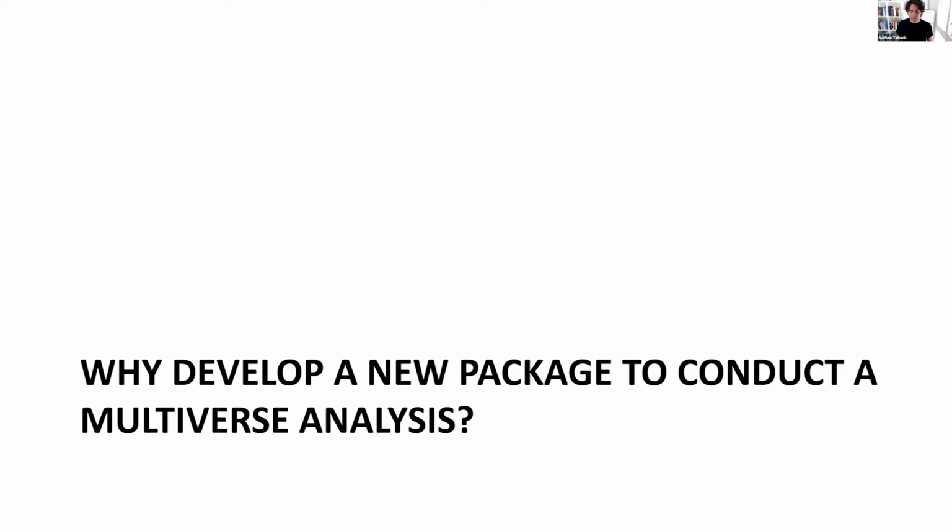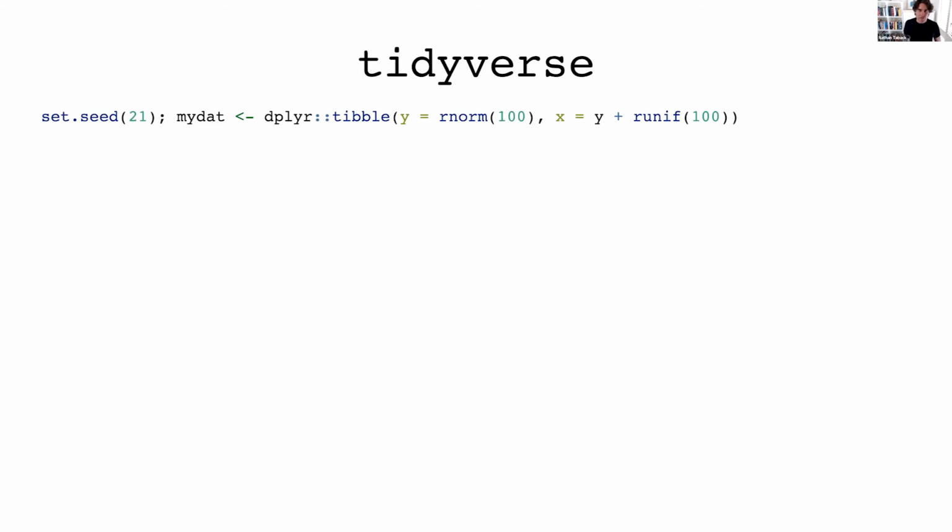So why develop a new package to conduct a multiverse analysis? A lot of this can be done in base R or using the tidyverse. I'm going to start off with a toy example, so that it's easy for everyone to follow the code.